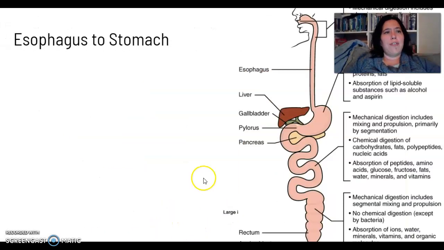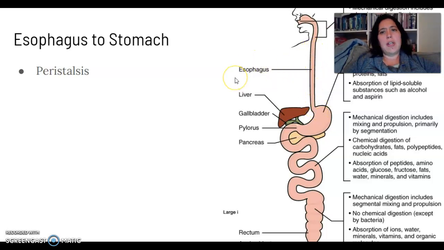All right. After you've started this breaking down process, this digestion in your mouth, you create with your tongue a small, compact, almost a ball or a capsule of food. And this is known as a bolus. And then that bolus, this little circle of food, is going to work its way down your esophagus into your stomach through a process known as peristalsis.